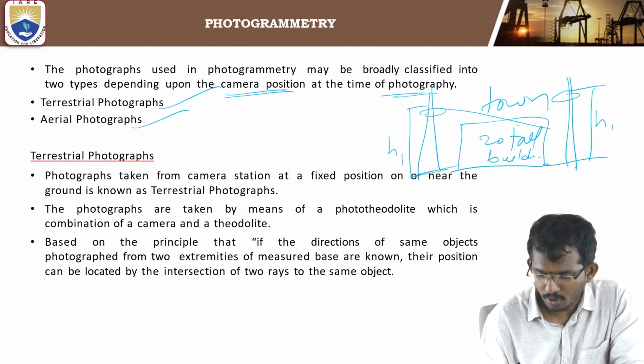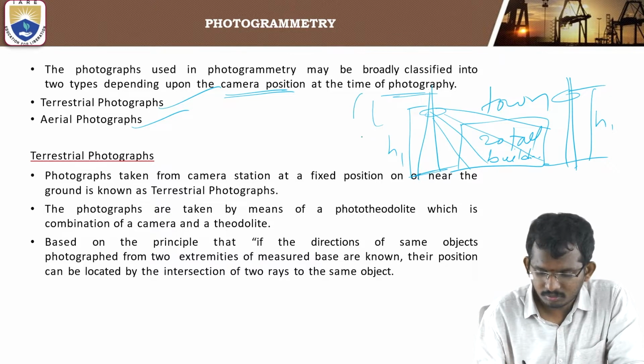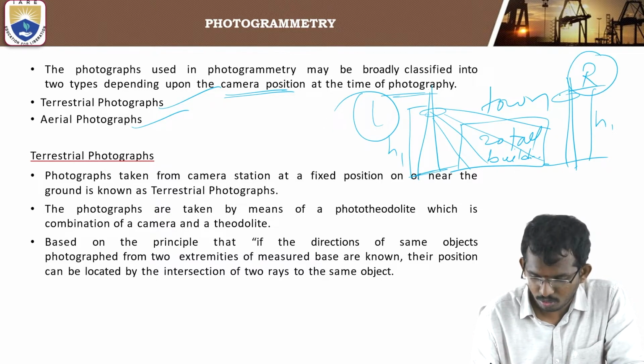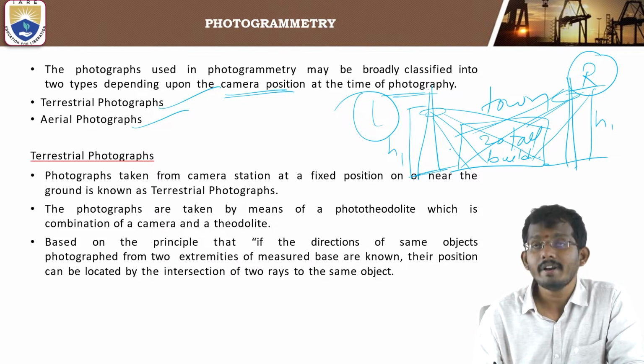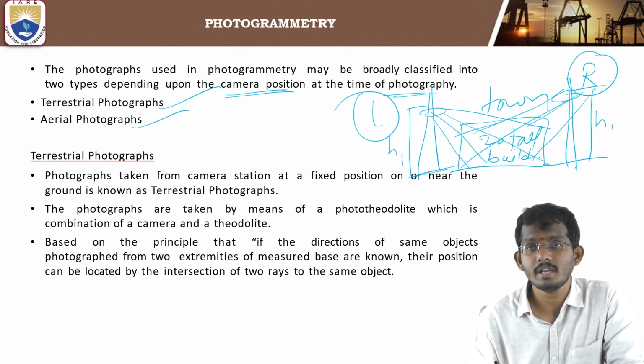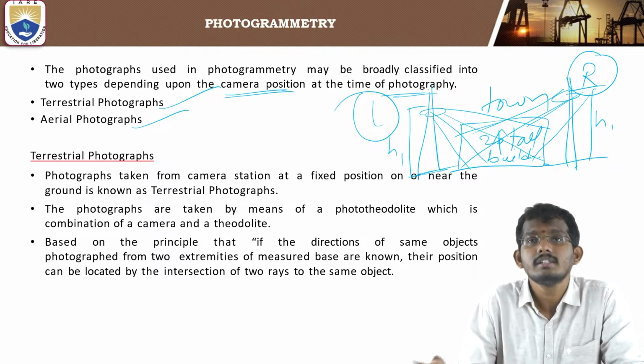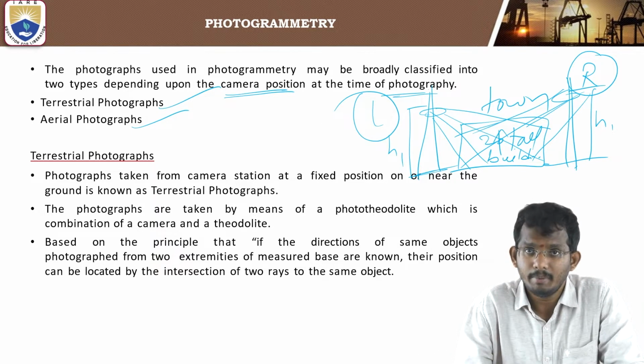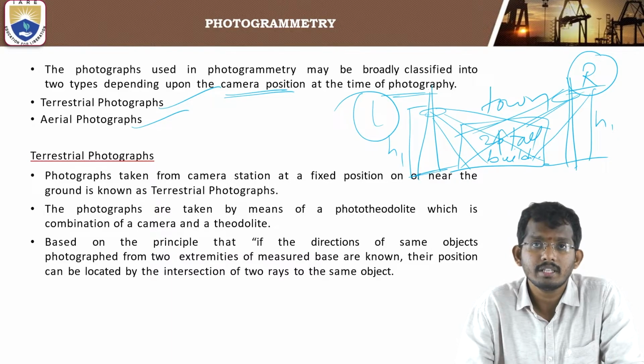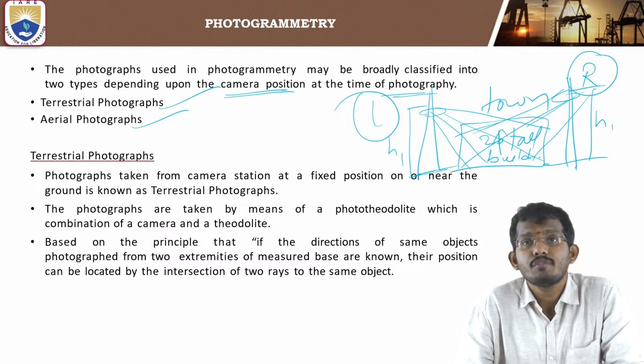One camera will focus on the town from the left-hand side. The camera on the right-hand side will also focus on the same town. Okay. When I go for stereoscopy, I can get the 3D view of these buildings, and I can also get the parallax error. So this is called terrestrial photogrammetry.